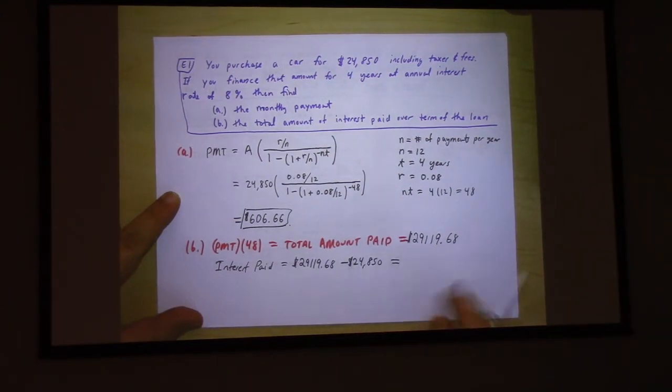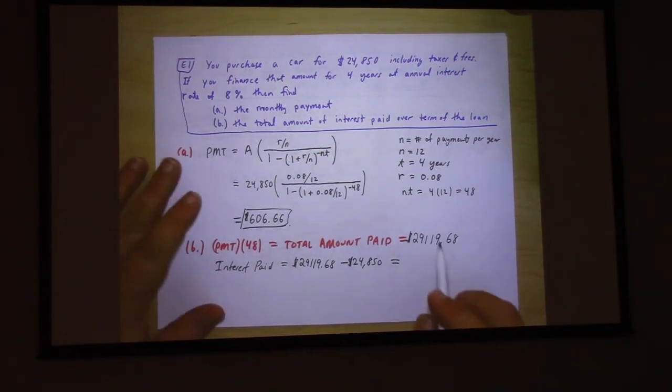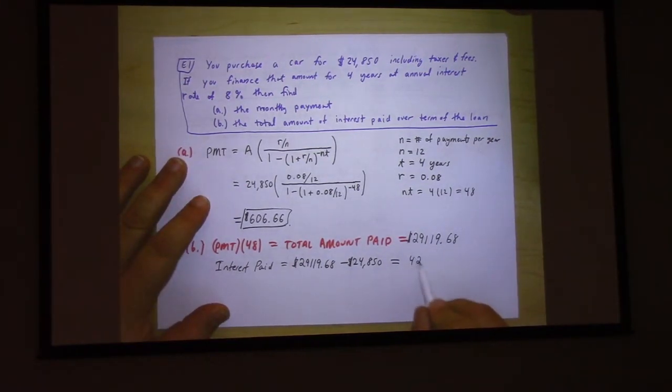That difference will be the interest, right? And so let's see here, minus 24,850. So I get $4,269.68. So there you go.